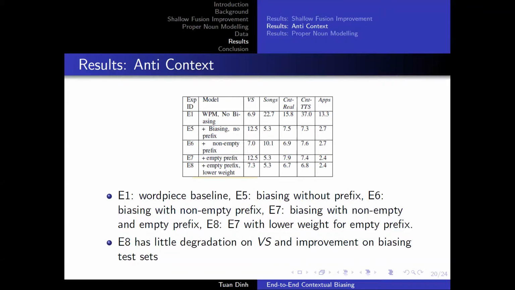So the E8 configuration has little degradation on voice search datasets and the largest improvement on other biasing datasets. The E8 consists of contextual biasing, non-empty prefix, and empty prefix with lower weights.